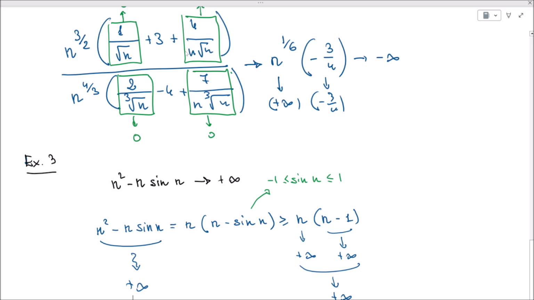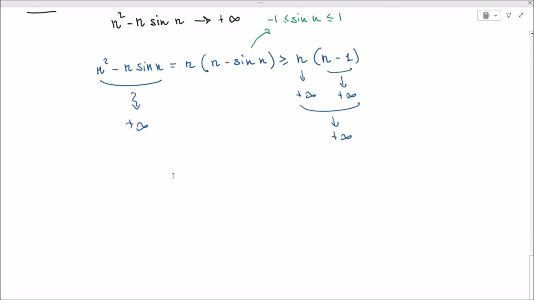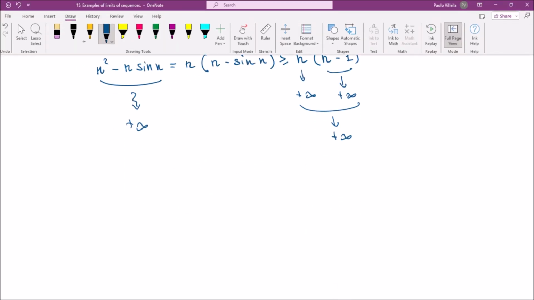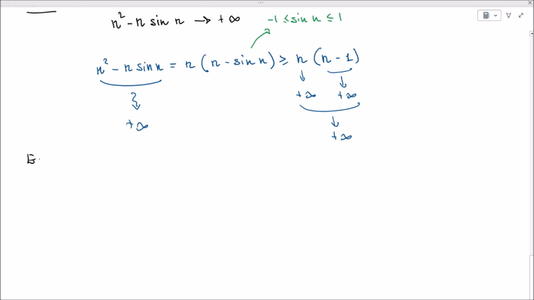Right, so let's now consider a new sequence, sine of n divided by n. Well, the same way we can say that the sine of n will grow slower than n. So this, as n goes to infinity, will tend to 0.